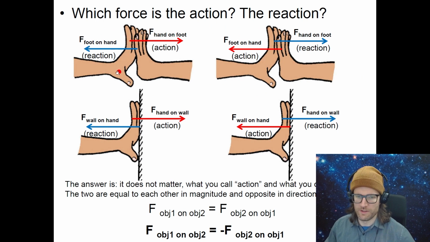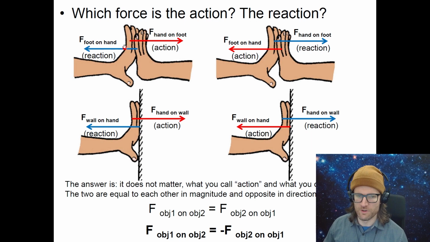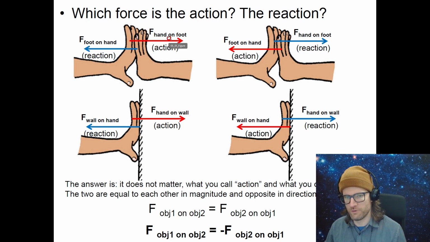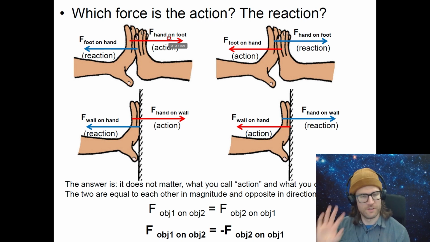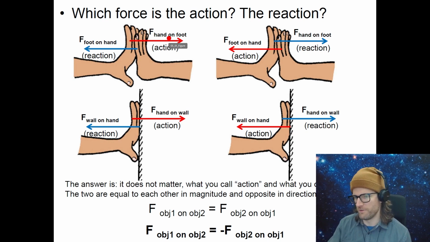Let's get some examples here. So if we've got this hand, and I think this is a foot, kind of looks like a hand, but it's labeled as foot. This foot and this hand are pushing on one another. So the hand feels a force from the foot, and the foot feels a force from the hand. Notice that the forces are equal and opposite and on two different objects. One force is on the hand, one force is on the foot.